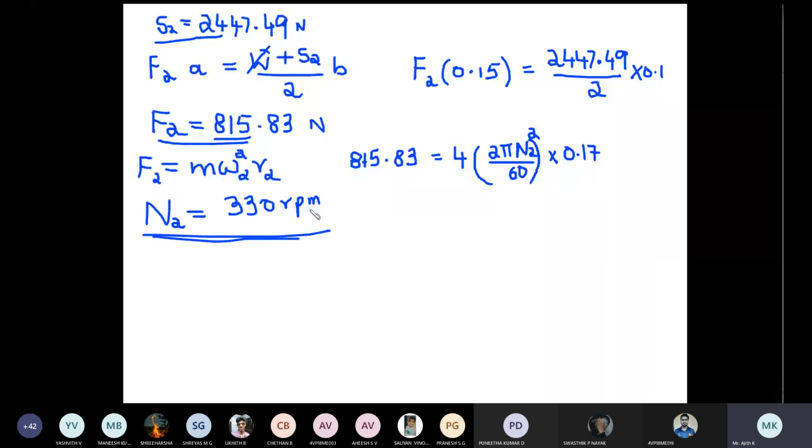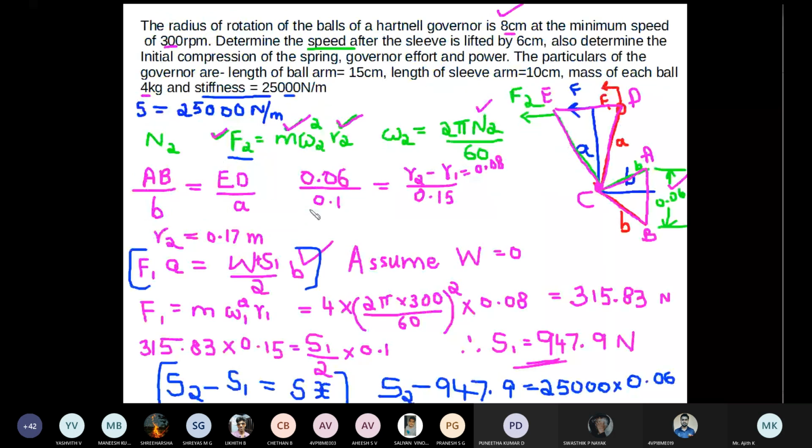There are two more sub questions. You also have to calculate the initial compression, governor effort and power. For this, just a one step calculation.